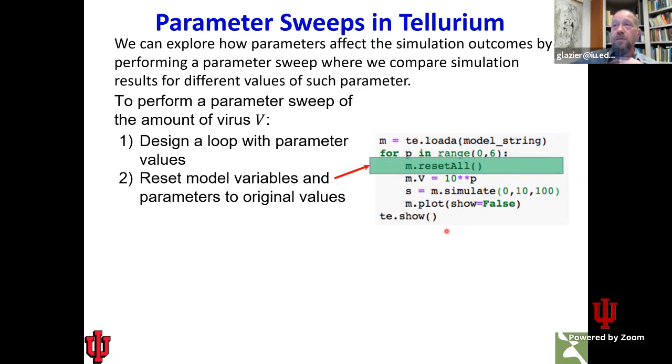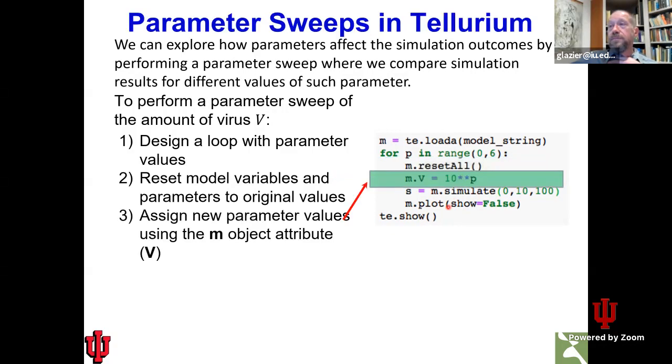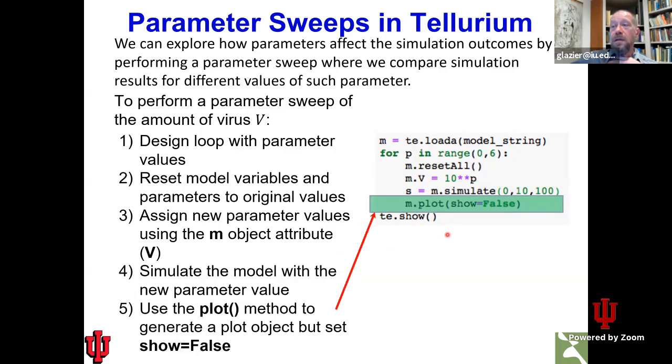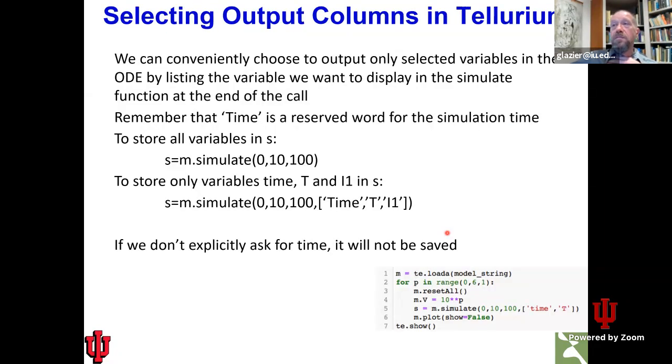So walking through this again, I create a loop for p in range(0, 6): I reset my parameter values in my model, m.resetAll, set m.v equals 10 to the p for my virus amount, run my simulation, add the plot to the stacked plot without displaying it, show equals false, and then I display it.